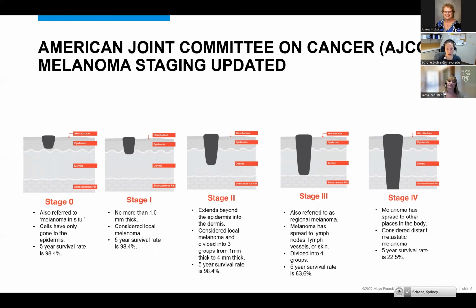You can see here that the survival rate has dropped significantly to about 63%. Stage 4 melanoma is when it has spread to other places in the body, and it's considered distant metastatic melanoma. Again, there's been a drastic decrease in the 5-year survival rate, which is why we're talking about this today, because the stage can change pretty quickly.